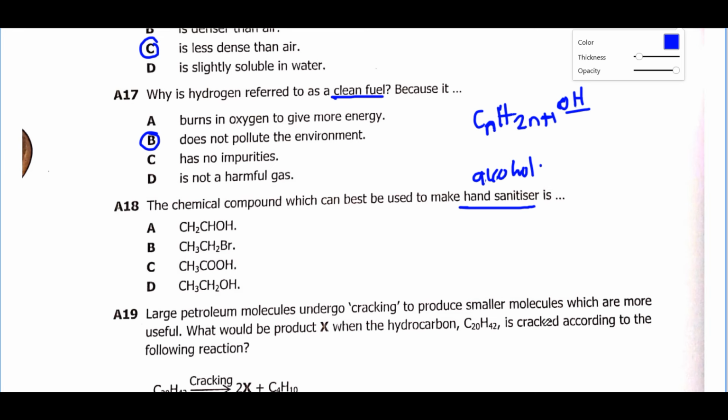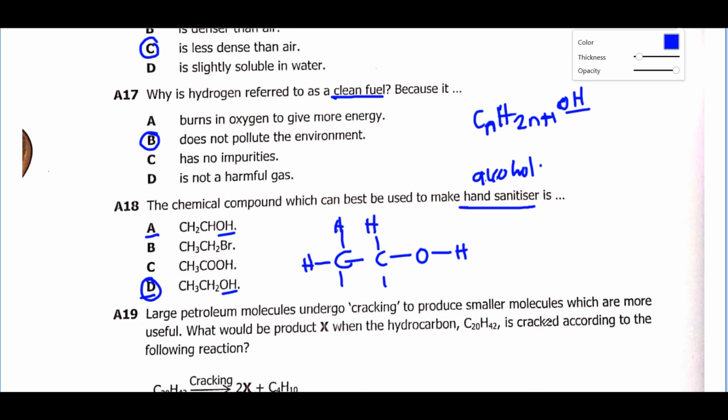Now, if you look at A and D, there is OH also here. But if you are to draw the structure, the one that is making sense is this one, because we can have a structure like this. As you can see, it's making sense.